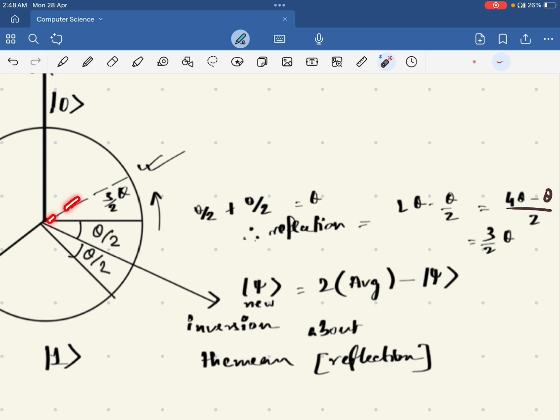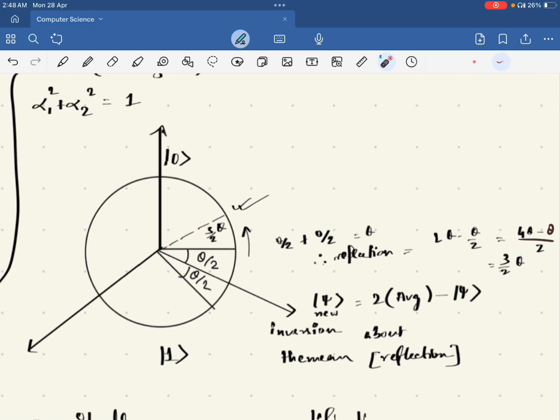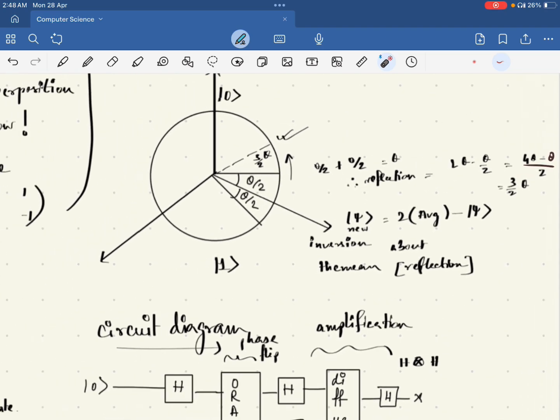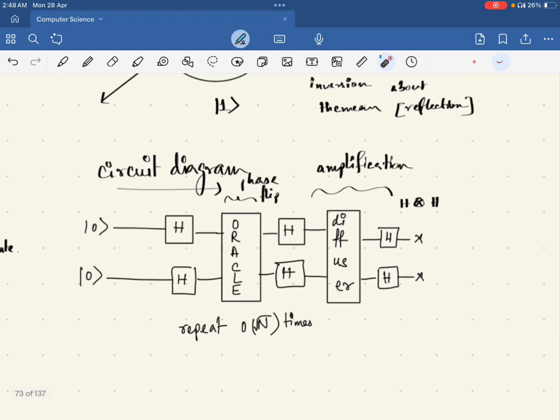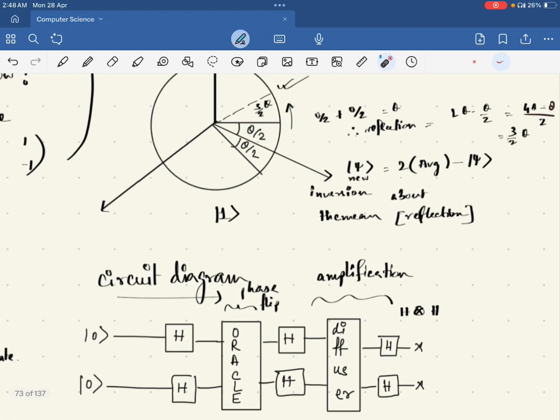So the new amplitude would be 3 by 2 of theta. This would be the new state. We can now see it's closing in towards zero, which means we are progressing. After passing it through the diffuser, I can show you the graph.